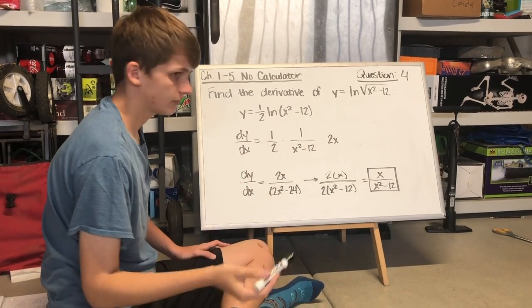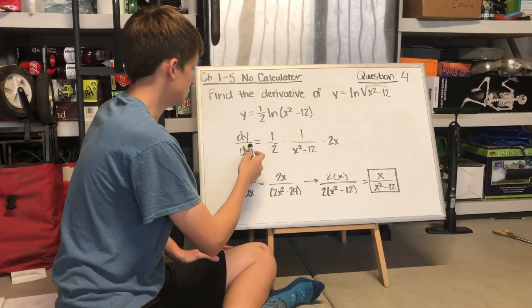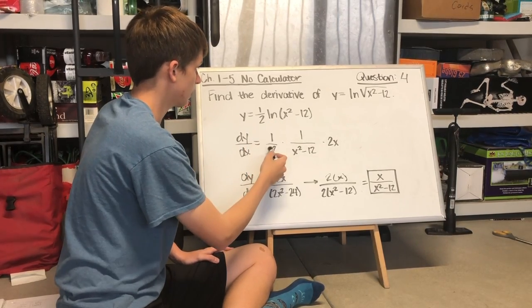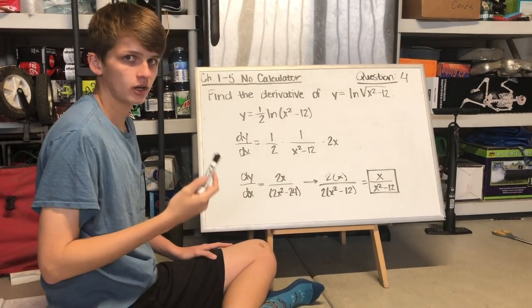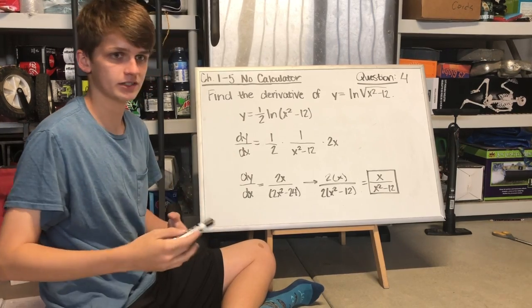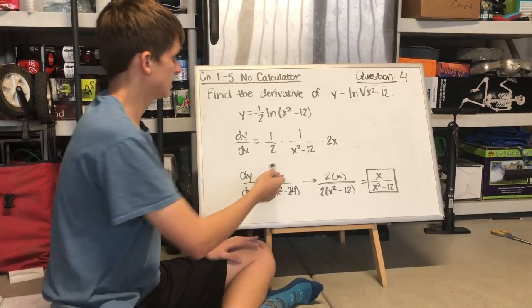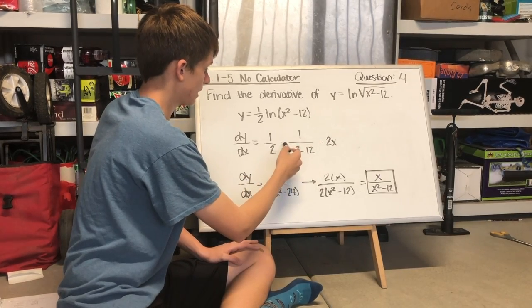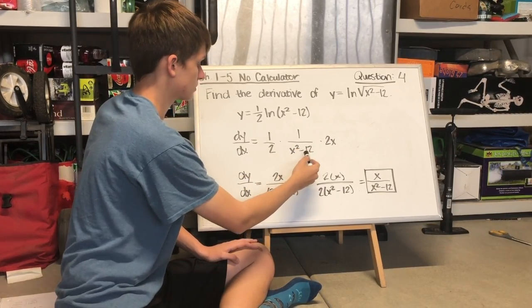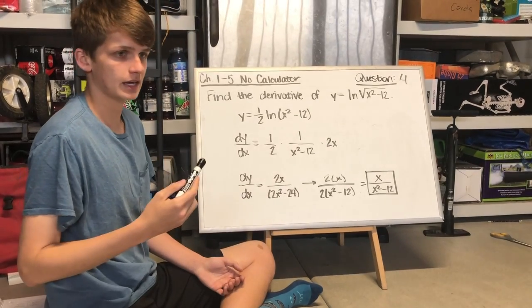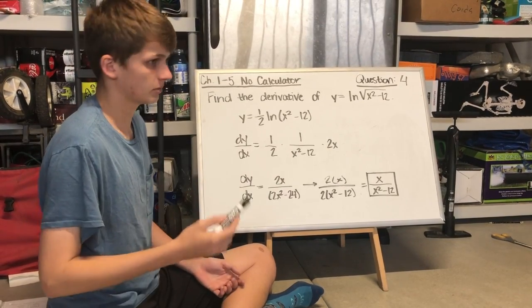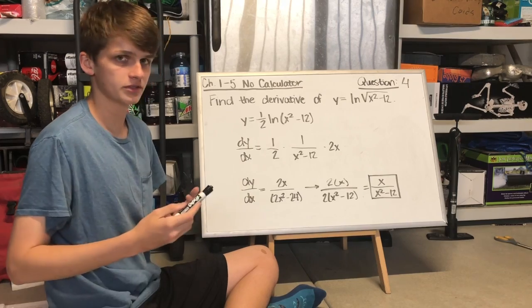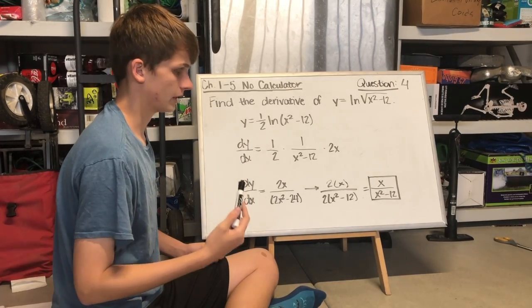Now, to find the derivative of this, we do dy over dx equals, we take the 1/2 down. With the natural log, we know with the natural log of x, it's 1 over x. So we take this and put it underneath 1, so we have times 1 over x squared minus 12. But then in this case, since it's not just simply x, it's something else, we have to take the derivative of it as well.